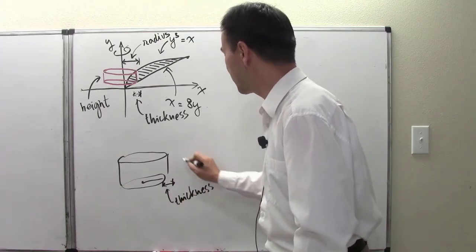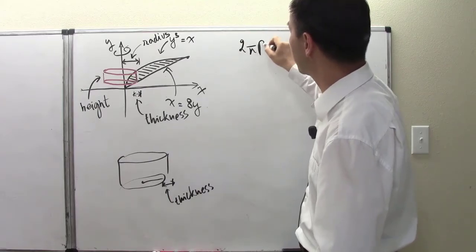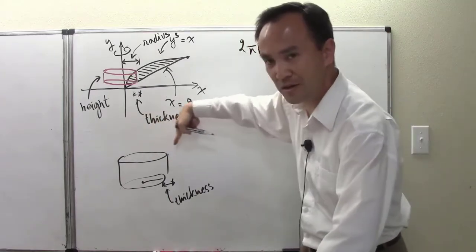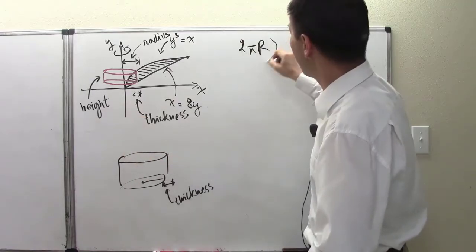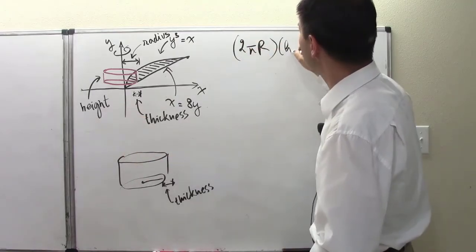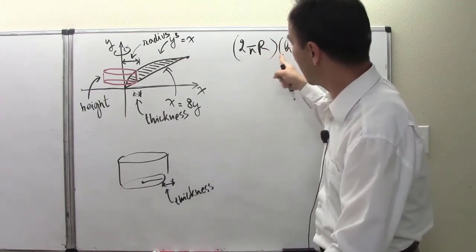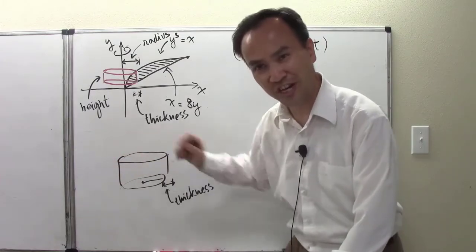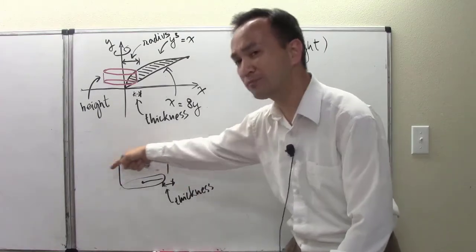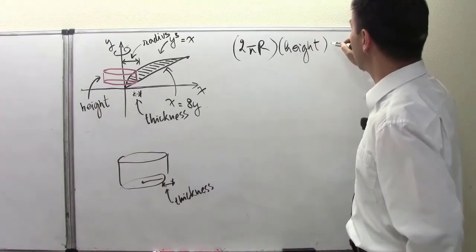With any shell like that, we're going to multiply 2 pi times the radius. That's the circumference of the base circle on top and bottom. And then that circumference I am going to multiply with the height. Multiplying the circumference with the height gives me the lateral area. That's the precise term for it, the area that's wrapped around, being rolled around. And then we're going to multiply that with the thickness.